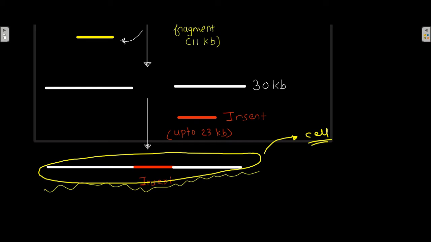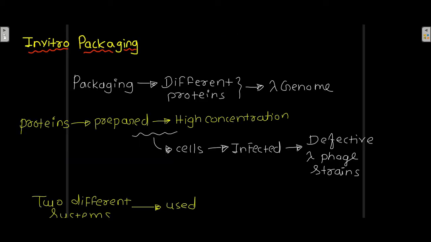Now you have produced this recombinant DNA molecule by combining the viral genome and your target DNA. But now you have to pack this viral genome into the viral coat. Now how are you going to do that? We are going to discuss that in this in vitro packaging.